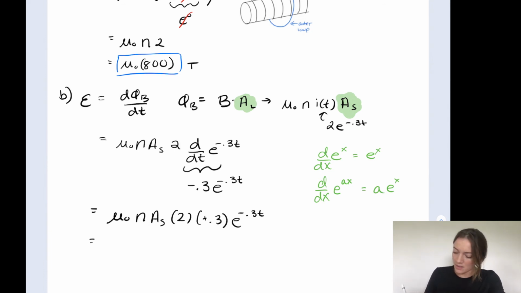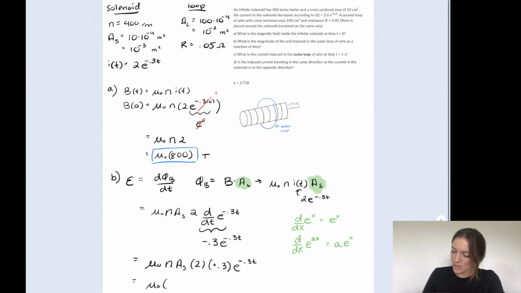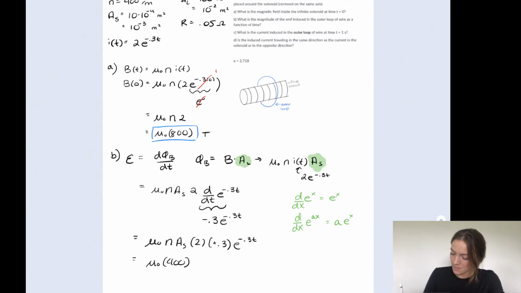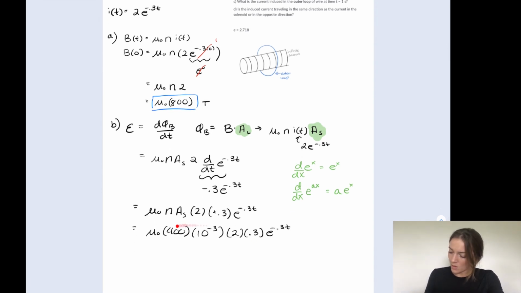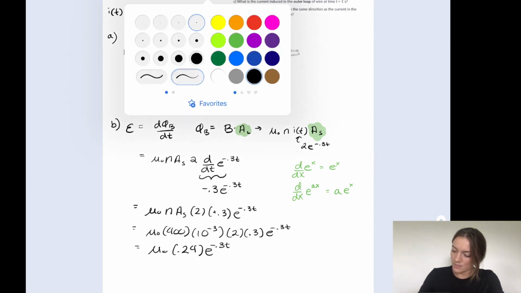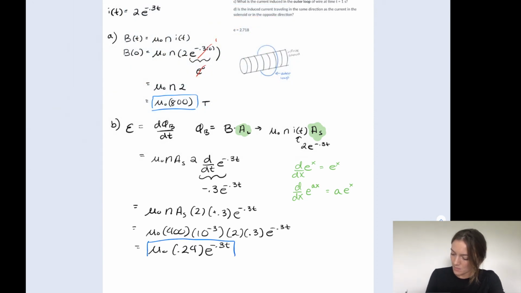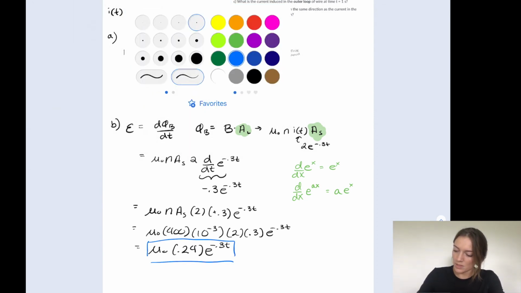Plugging in some numbers, mu naught n was 400, the area of the solenoid is 10 to the negative 3, then we have 2, 0.3, and e to the negative 0.3 times t. Simplifying, you end up with mu naught times 0.24 e to the negative 0.3 t, and that's your answer. So that's the EMF there, and this is in volts.